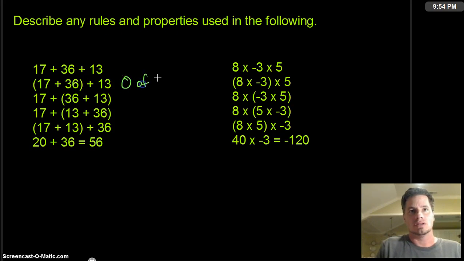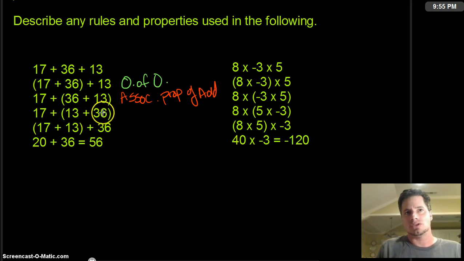Order of operations tells us that we need to do the first two first. But I can change the grouping, and remember the property that deals with changing grouping is associative. That's associations. So that's the associative property of addition.